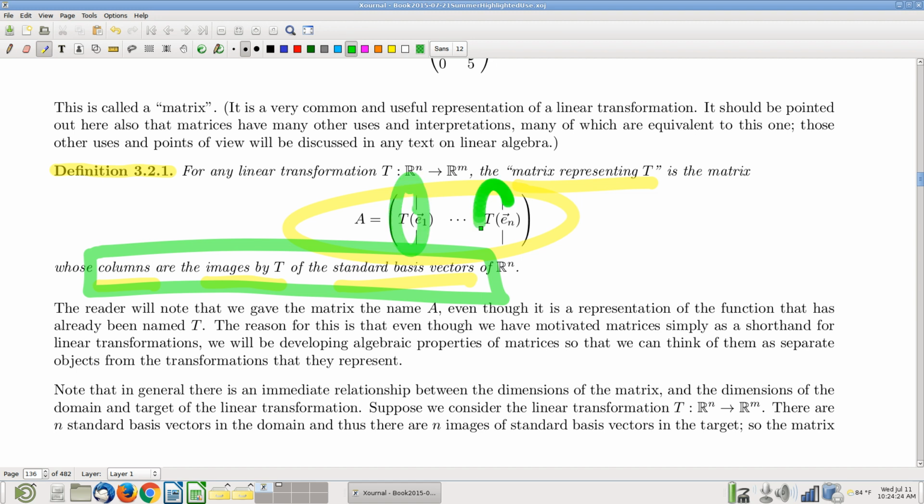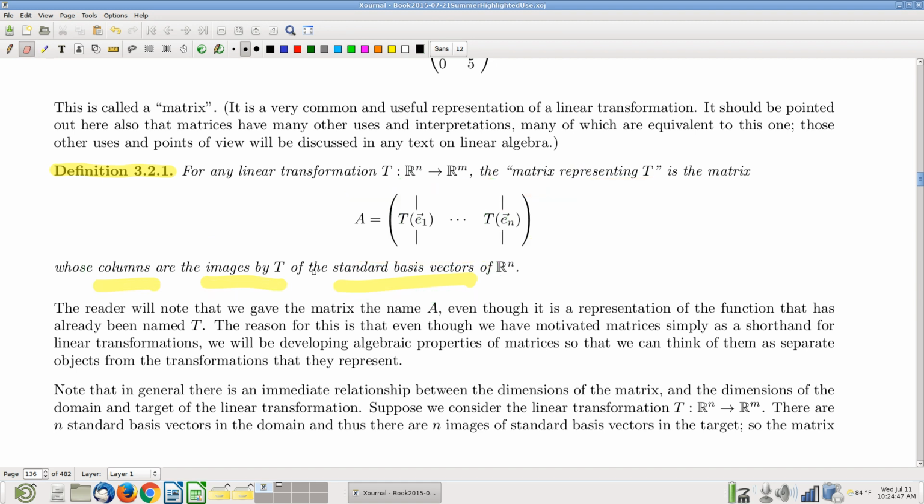Make sure to reiterate to yourself, deeply memorize this phrase. The columns are the images of the standard basis vectors. That's the convention by which we make this shorthand.